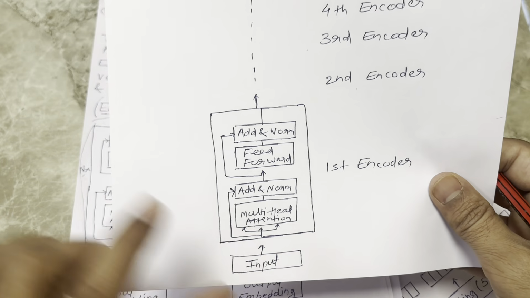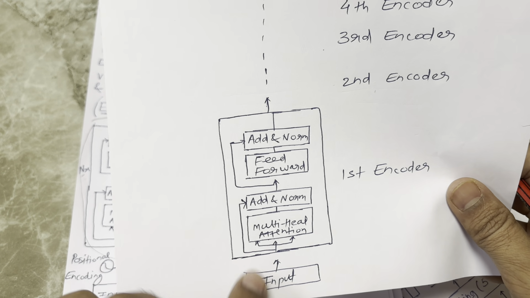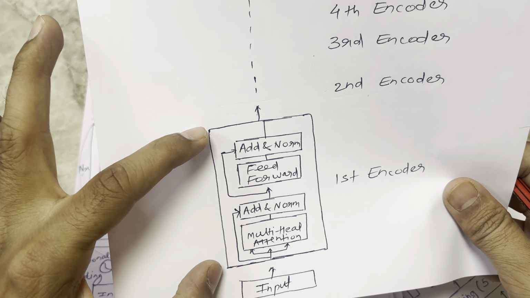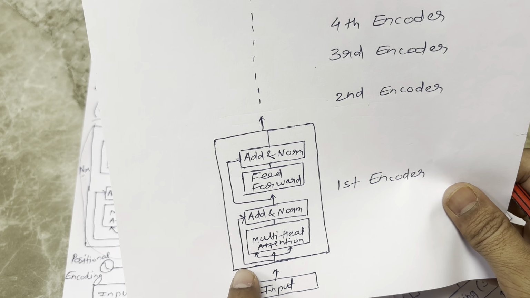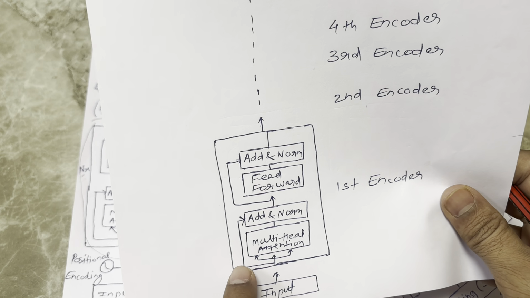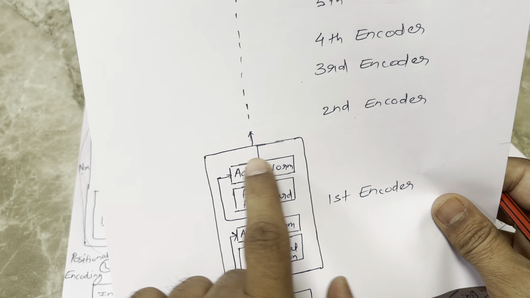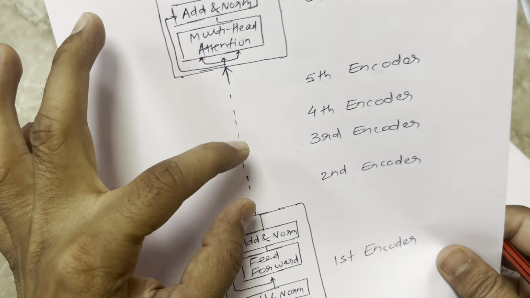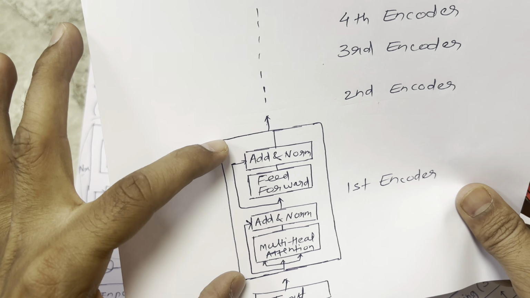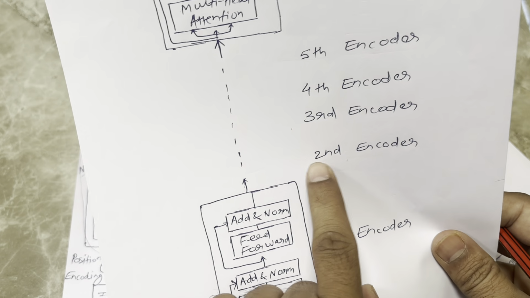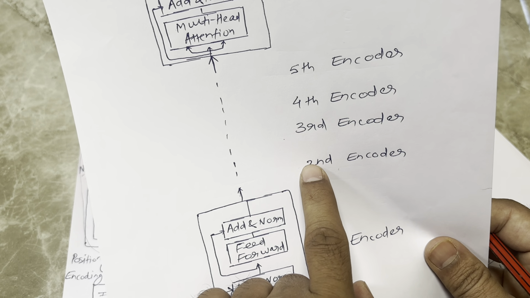You can see, as I have told you, your sentence enters the first encoder block. This is the first encoder block, and it looks like this. The output from the first encoder block goes to the second encoder block. Even though I did not draw it here, you can imagine it is exactly the same.